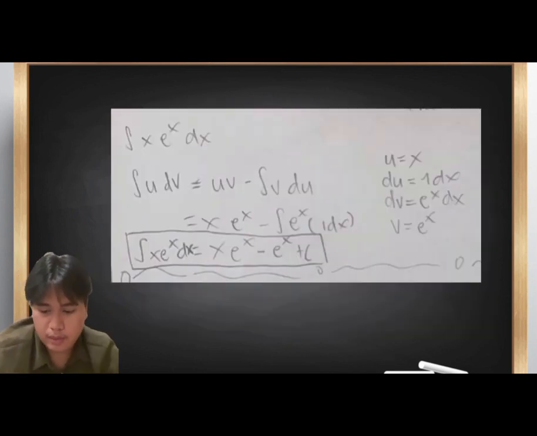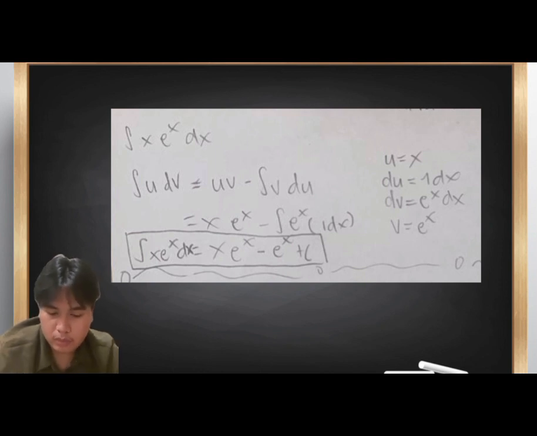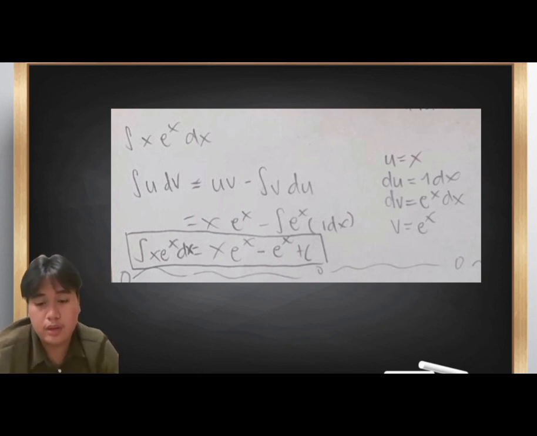Suppose we have the integral of x e^x dx. We would have to determine what is the u, du, dv, and v. Here is where we will use the acronym in determining it.